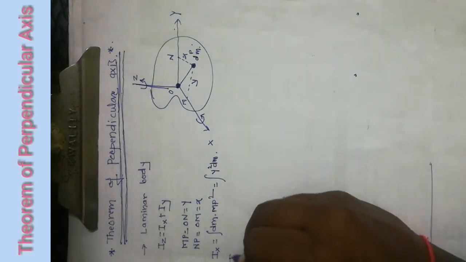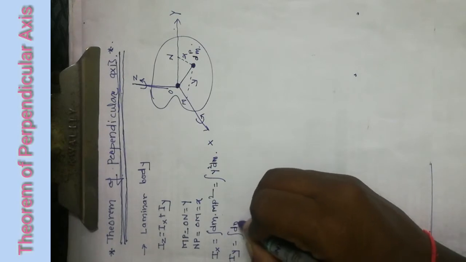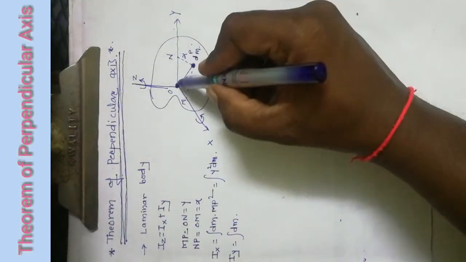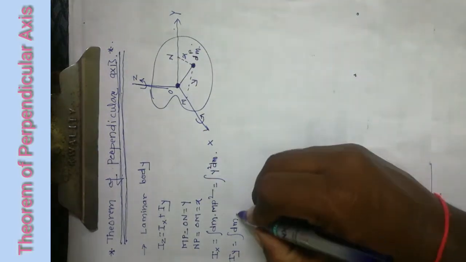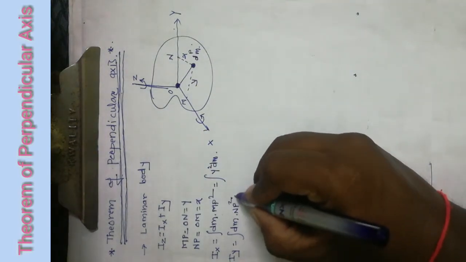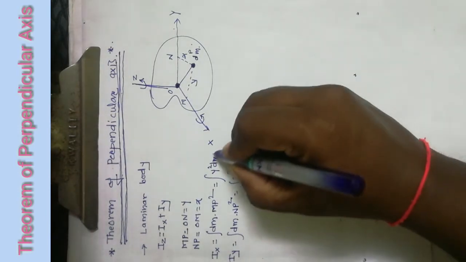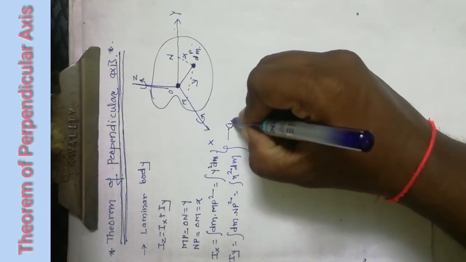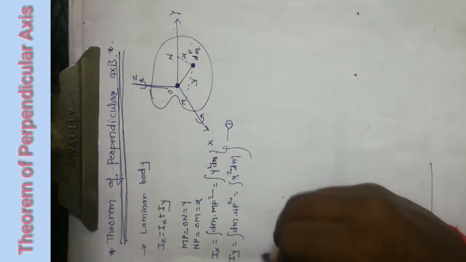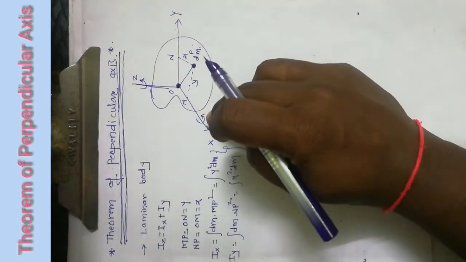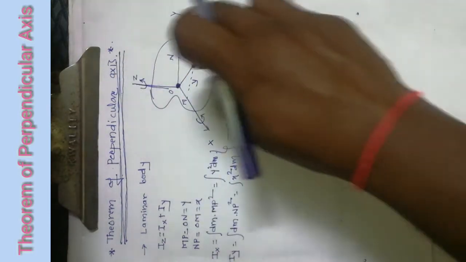Similarly the moment of inertia about the y-axis is equal to the integration of dm into NP square, which is equal to the integration of x square into dm. These two equations we need to consider, therefore equation number 1. Now these are the x-axis, y-axis and z-axis, and we need to find the moment of inertia about these three axes.